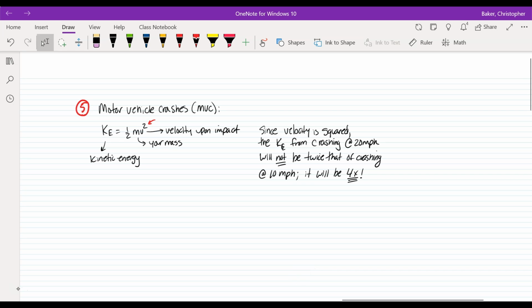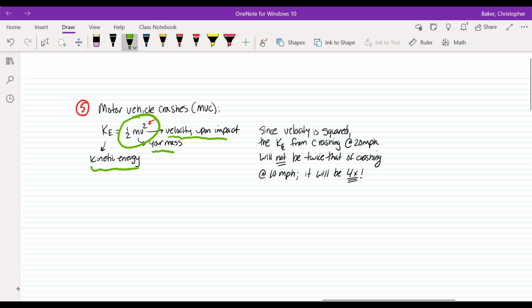All right, so in motor vehicle crashes, if we look at the kinetic energy, again, it's 1/2 mv squared, where m is your mass and v is the velocity you were traveling when you impacted another car, a tree, a bridge abutment, something along those lines.